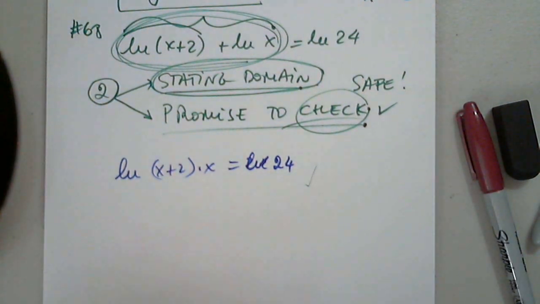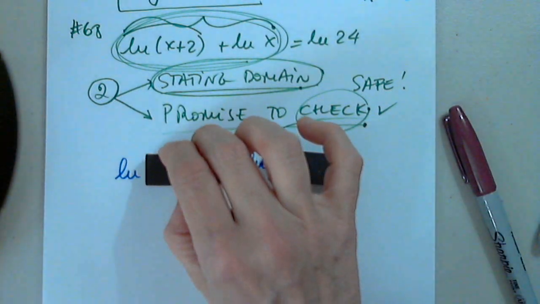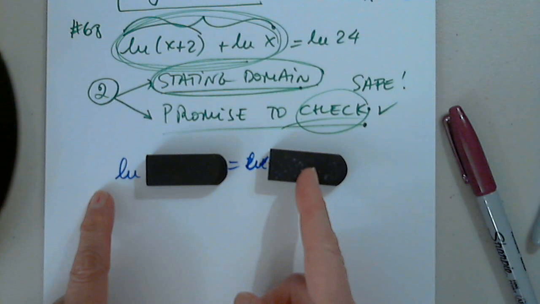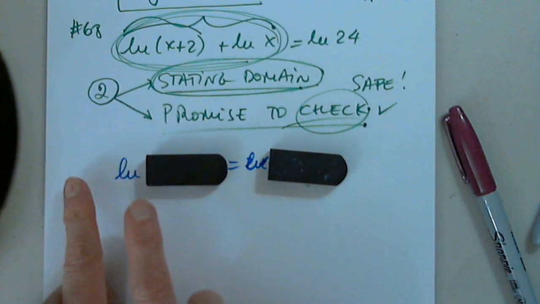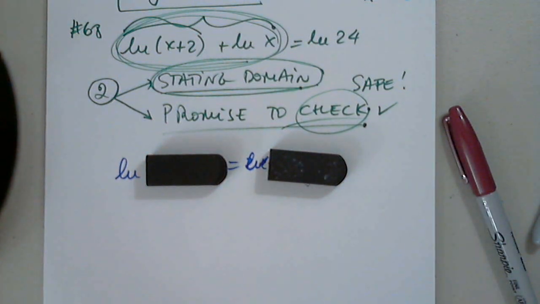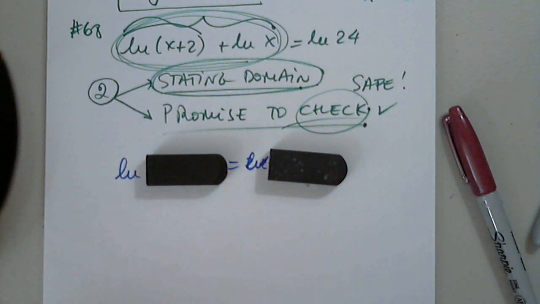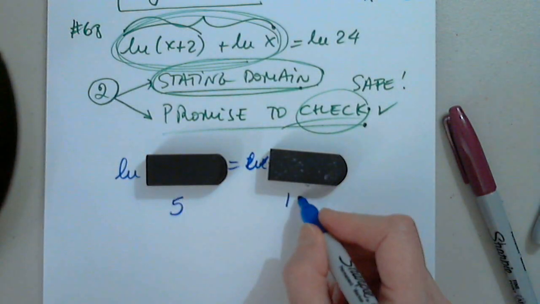So now I'm going to say this. See, my props are extremely valuable. This log equals this log. What has to happen to these quantities for this log to equal this one? In other words, can this be 5 and here 100?